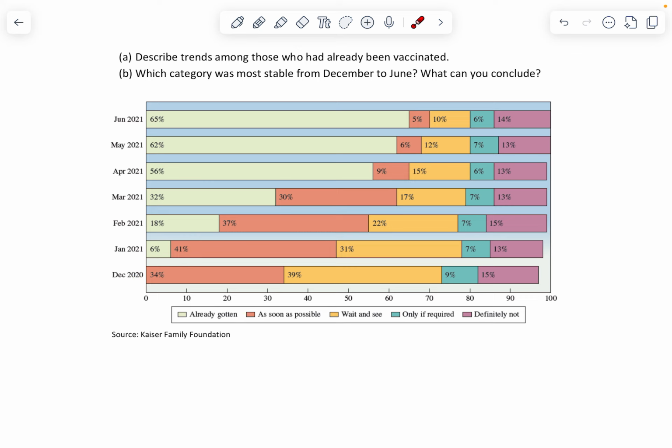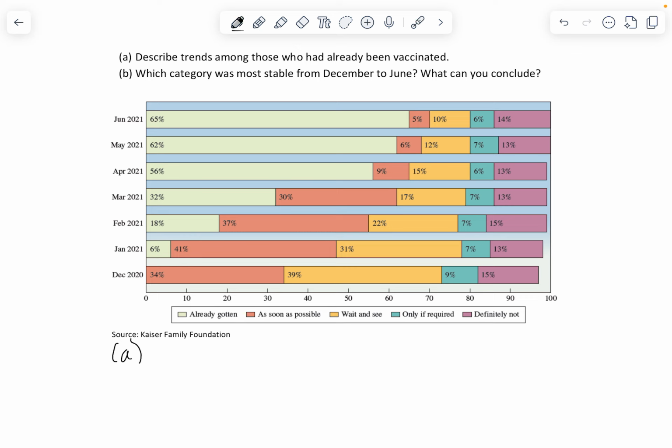The first question, describe trends among those who had already been vaccinated. So that is the light color corresponding to each month. The key at the bottom of the graph tells us that the people who had already been vaccinated are illustrated by the light, very light green.